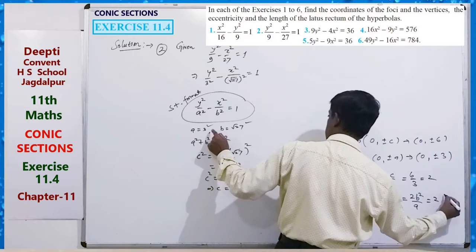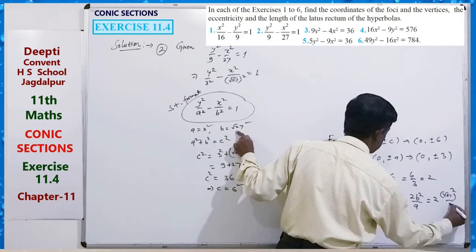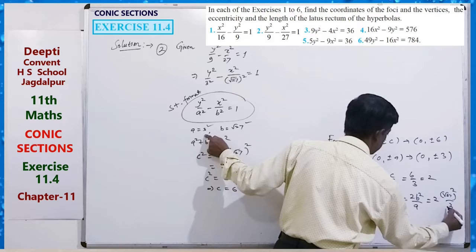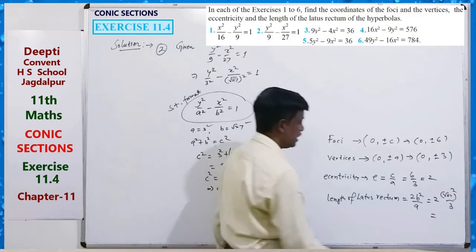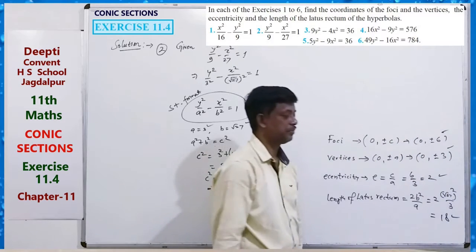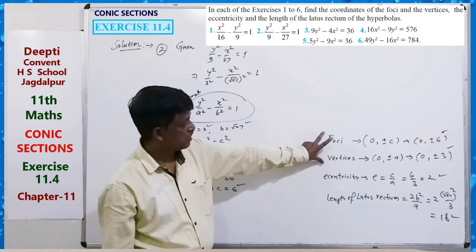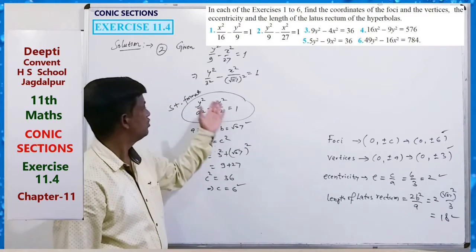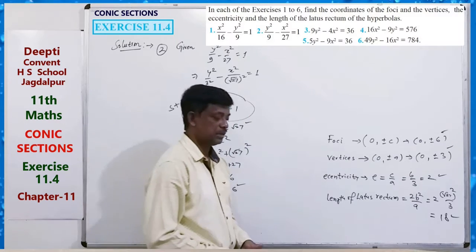And 2b square by a is 2 times root 27 square by 3, which is 2 times 27 by 3, 18. So 2 and 18 are the answers. Clear? So the formulas stay the same, just the vertex and focus change according to the format of the equation of the hyperbola. Okay, the second equation is this.